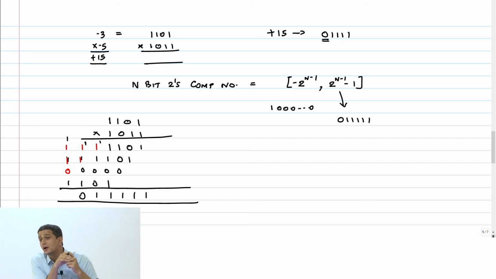Sign extend, or you have to consider the sign of the multiplicand. In the sense, this last partial product, we said is 1101 because we are multiplying with a 1 there. But that's actually a minus 1.